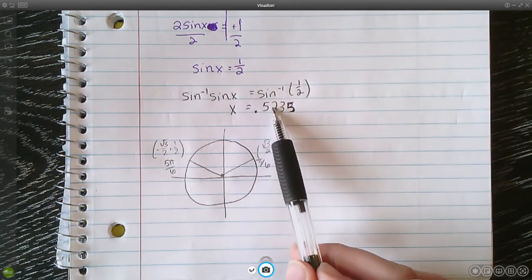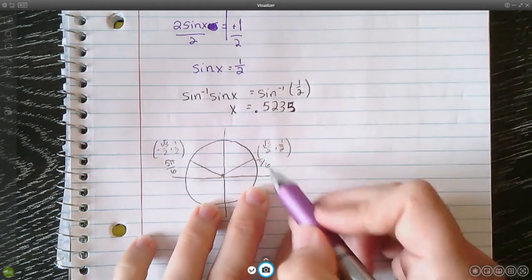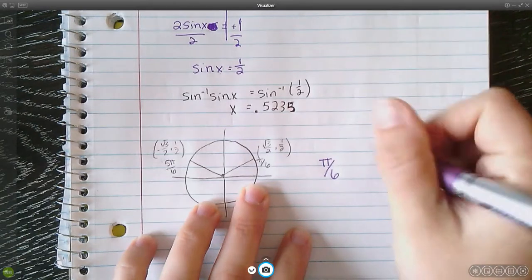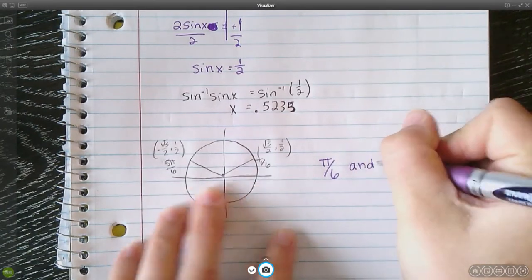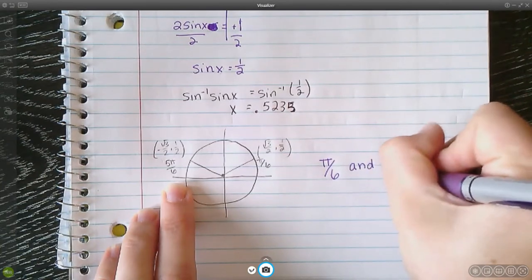This is an approximation. So our exact values are at pi over 6 radians and 5 pi over 6 radians.